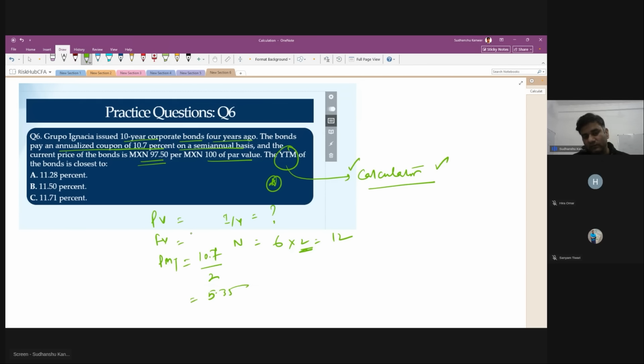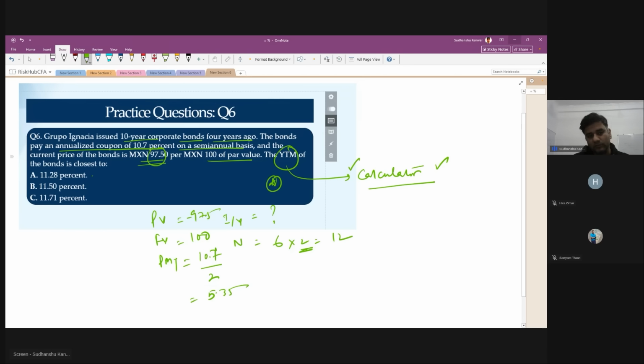FV is so easy to find out. I told you it is always 100. Because it is given 97.50, this is minus 97.5. Right, so just input this in your calculator, you will get I/Y. But here there is again a small twist which a lot of students miss out, which can be confusing in the exam.